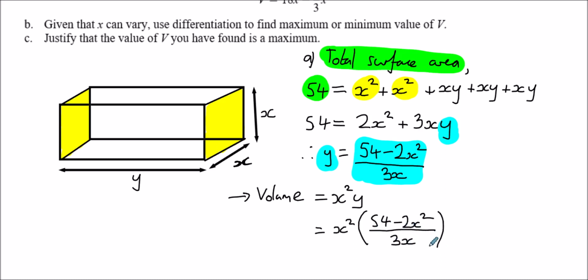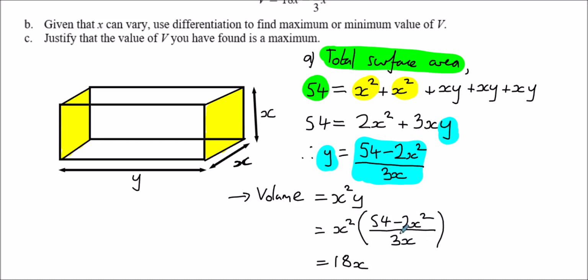Like so. And so if we just expand this out each term, so 54 over 3x multiplied by x squared, well 54 over 3 gives us 18, so this would be 18 over x, multiplied by x squared, that would leave us with 18x. And if we multiply out this one here, minus 2x squared divided by 3x, this bit here would be minus 2/3 x.